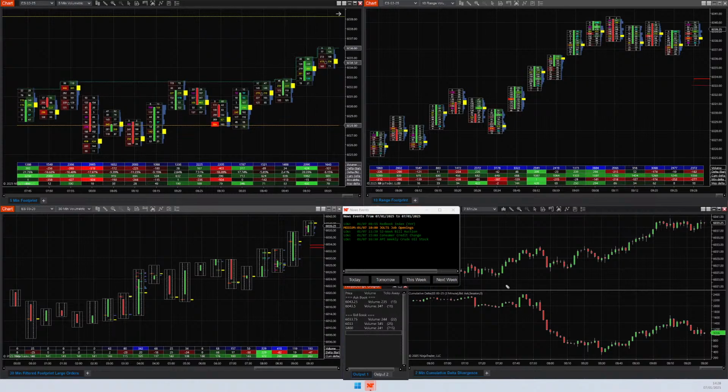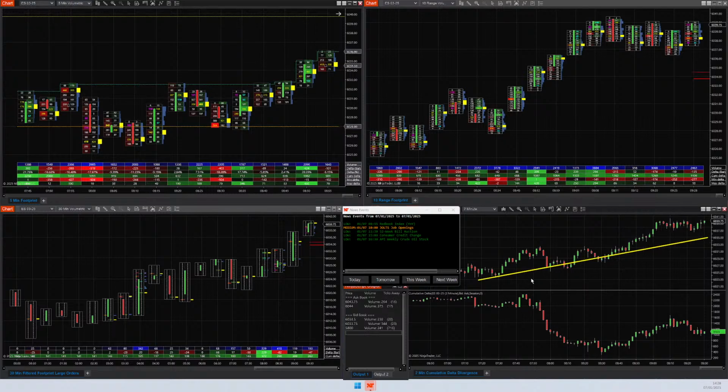Just a quick one. I've noticed we've got a little bit of cumulative delta divergence. We've got increase in price, and if you take the pivots, you've got decrease in cumulative delta. I know we had this big pullback here as well, but decrease in cumulative delta as well. So potentially, in fact, I wrote about this as well. I think I've got it on my website.